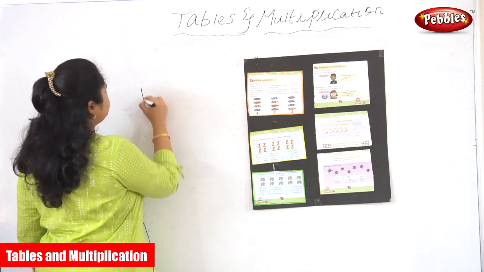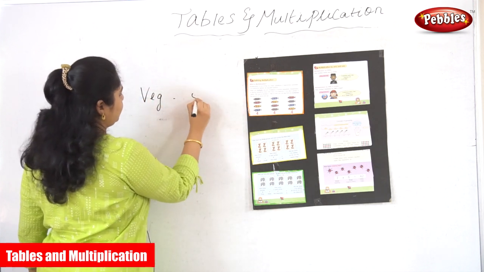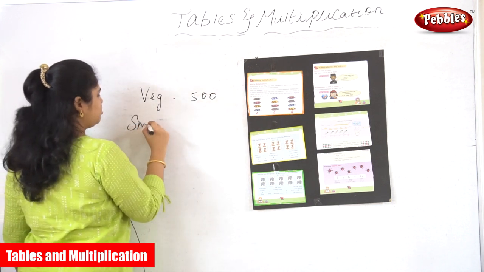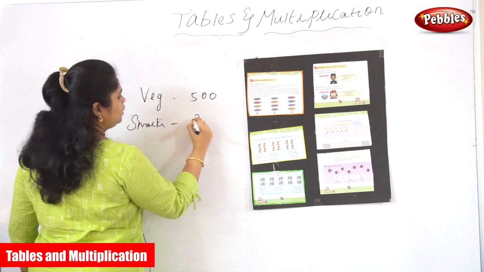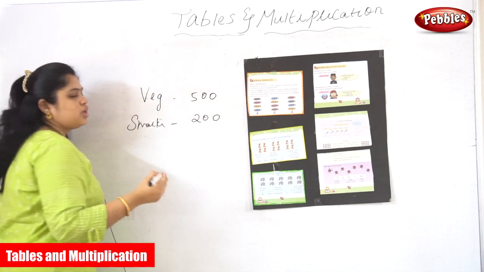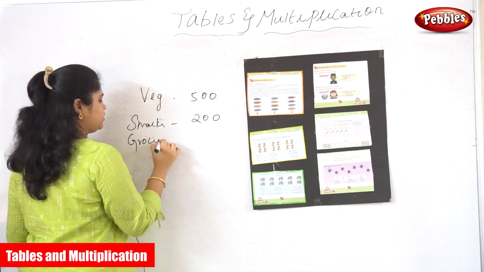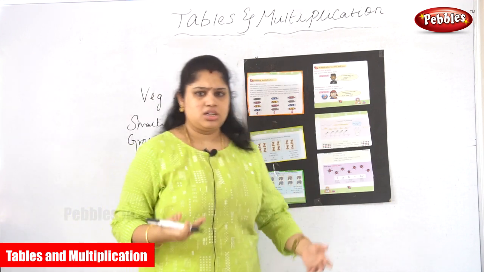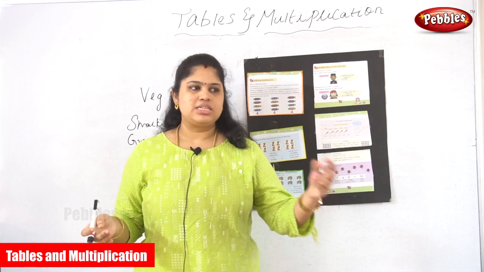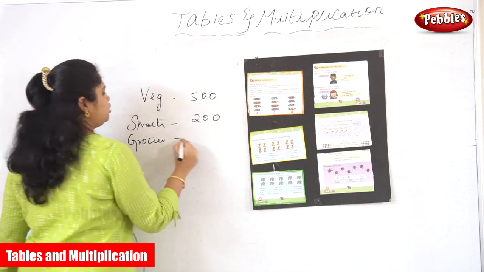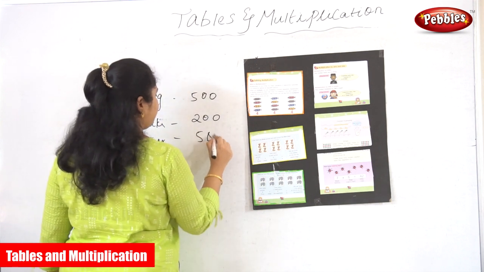If you are going to the grocery with your parents, you will buy some items. Roughly, vegetables for 500 rupees, some snacks for 200, and groceries like maida, atta, chilies, corianders, the collection of these for 500 rupees.